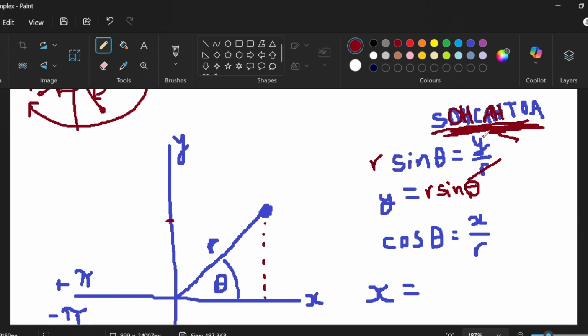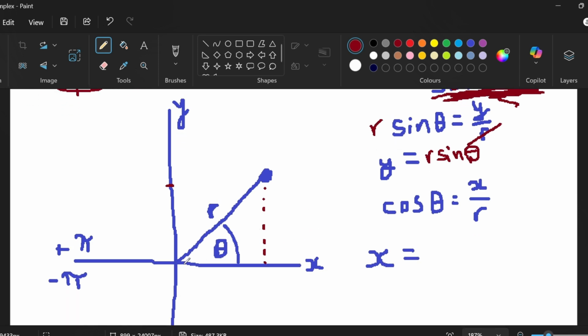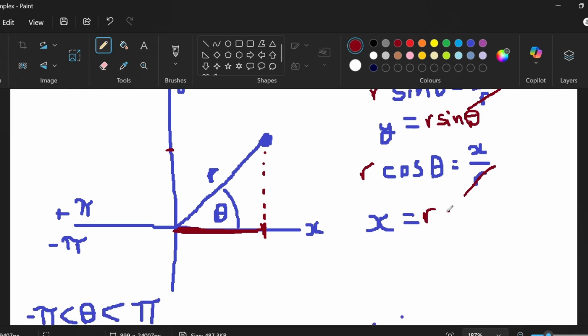Similarly, cosine is equal to the adjacent divided by the hypotenuse, so the adjacent side is my x-coordinate divided by my modulus. To solve for x, we multiply by r on both sides, so x is equal to r cos theta.